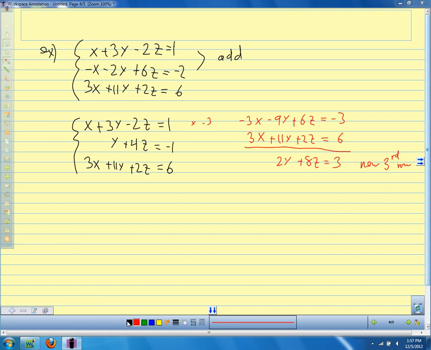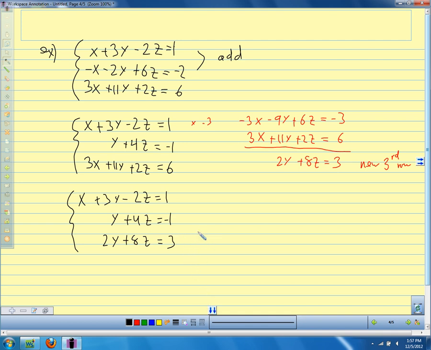So I'm going to rewrite our system. We have x plus 3y minus 2z equals 1. Y plus 4z equals negative 1. And 2y plus 8z equals 3. And now we're going to use the second and third rows to get rid of the y's.